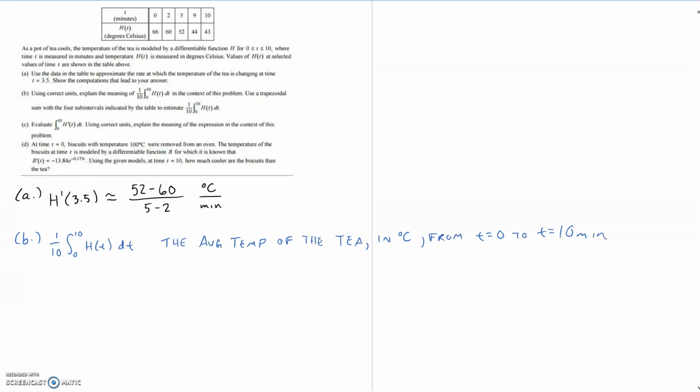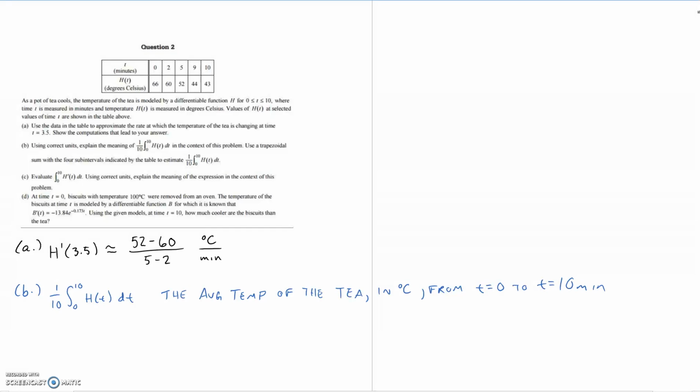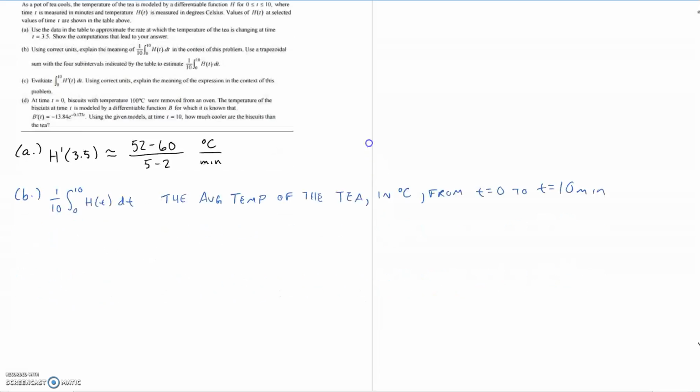Then it says use a trapezoidal sum with 4 subintervals to estimate the value of the average temperature. So 1 subinterval is from 0 to 2, 1 from 2 to 5, 1 from 5 to 9, and 1 from 9 to 10.